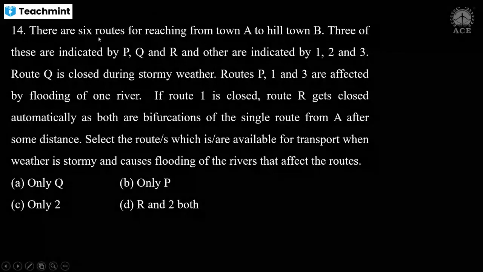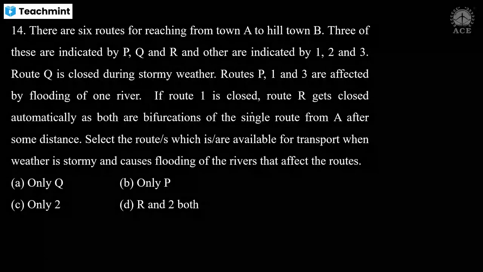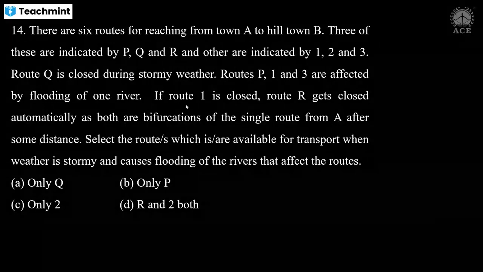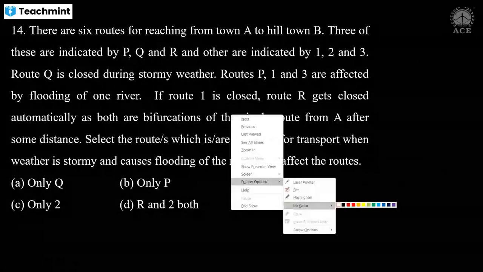There are 6 routes for reaching from town A to hill town B. Those are indicated by P, Q, R and 1, 2, 3. Fine.